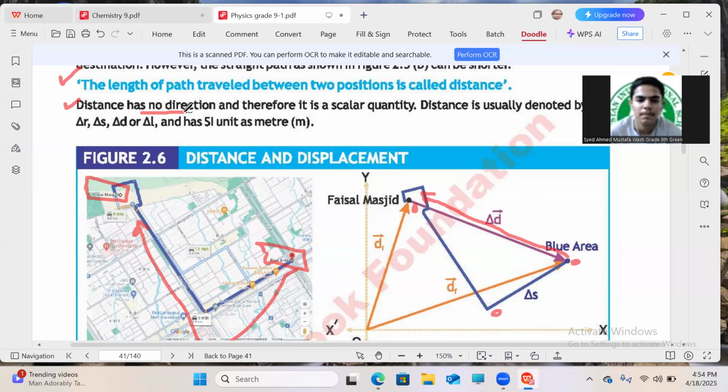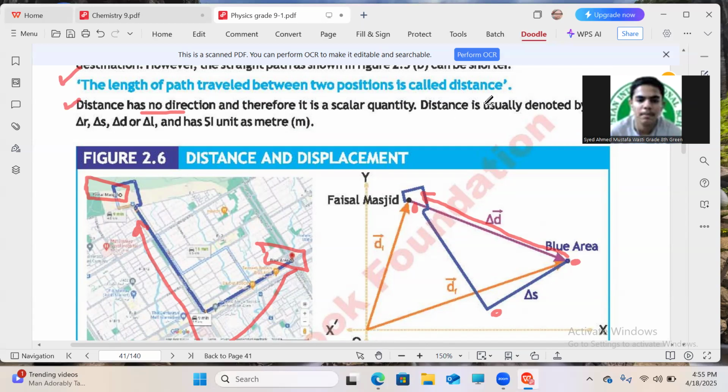Scalar quantities are those quantities which do not require any direction, whereas vector quantities are those quantities which require some direction. An example of a scalar quantity can be weight, and an example of a vector quantity can be force. Good. So if distance has no direction, then obviously it will be a scalar quantity.